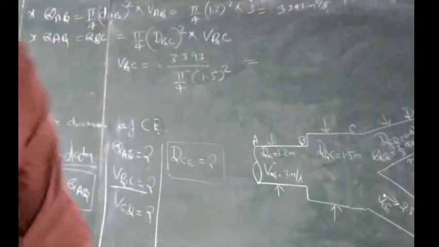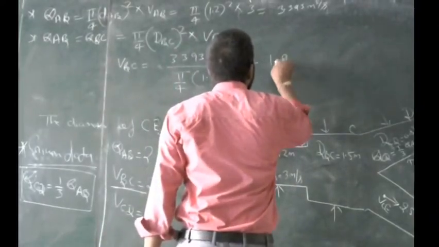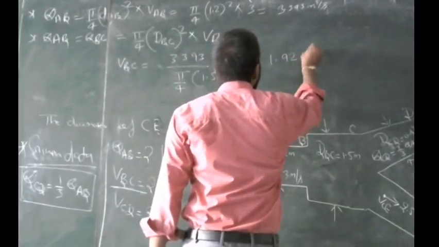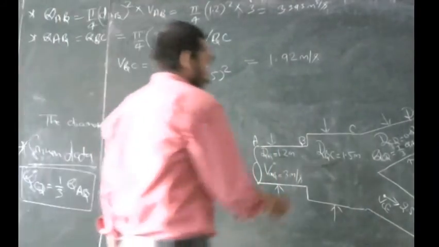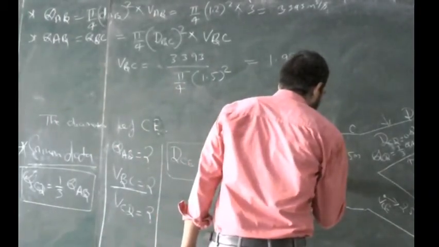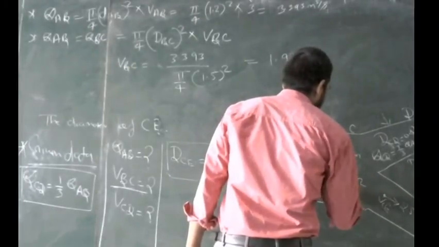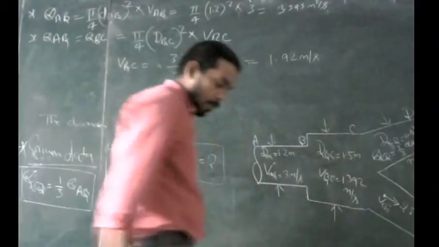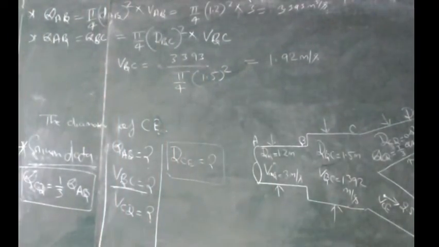QBC equal to 1.92 meter per second. 1.92 meter per second. Is clear?